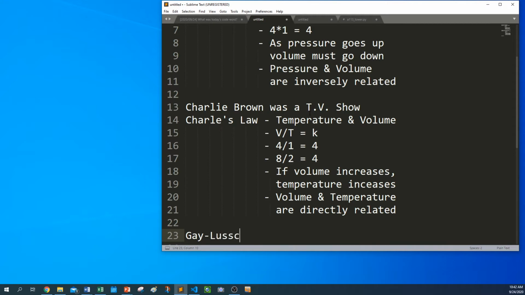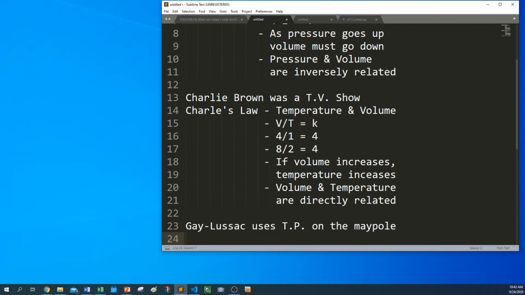Gay-Lussac uses TP on the maypole. So in other words, Gay-Lussac's law is about temperature and pressure.